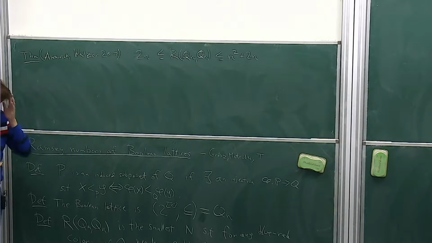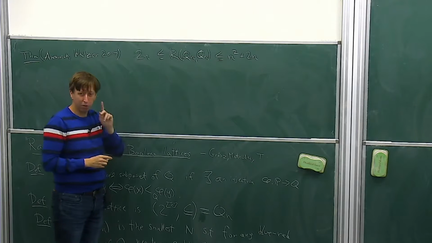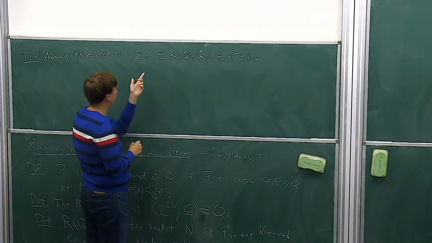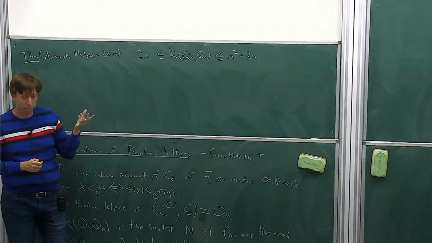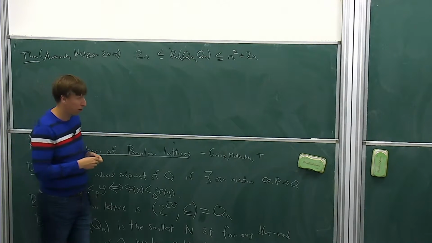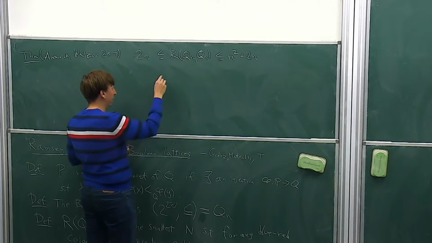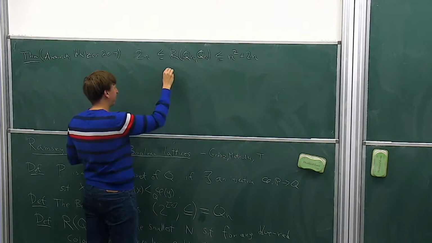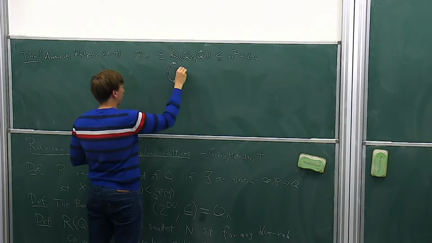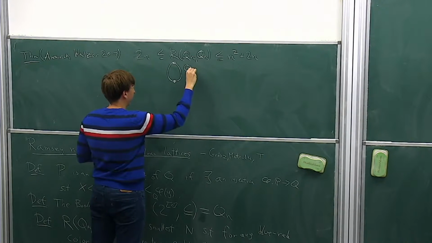So let me tell you how the basic lower bound goes. It's pretty straightforward. The easy way to get a lower bound on the Ramsey number of Q_n versus Q_n is, well, what does this mean? This means that if we take the Boolean lattice on 2n minus 1 things, then we should have some good coloring of it that avoids Q_n in either color. So this is Q_{2n-1}.